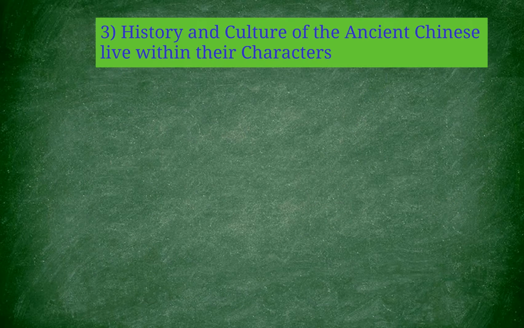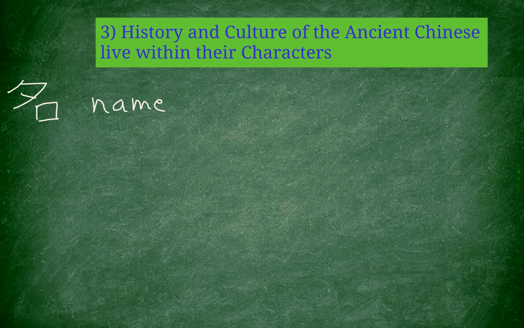And then the last reason why understanding primitives is good is because there's history and culture in the Chinese, with the ancient Chinese, and they live within some of these characters. A very basic example and a very basic character as well is this. This is the character that means name.